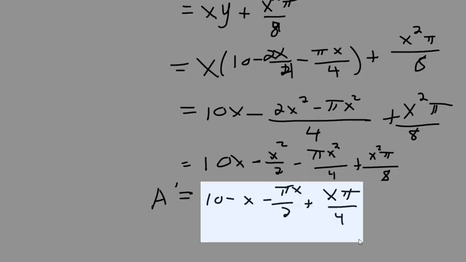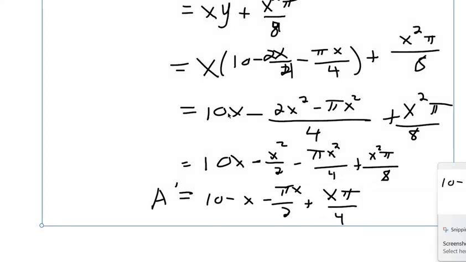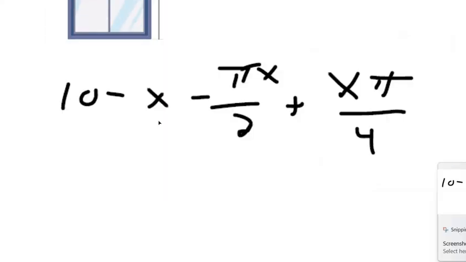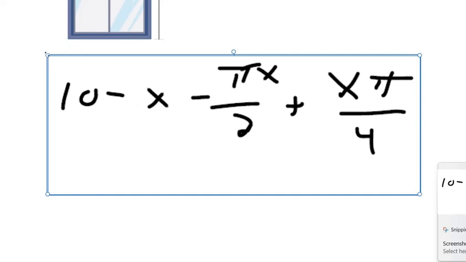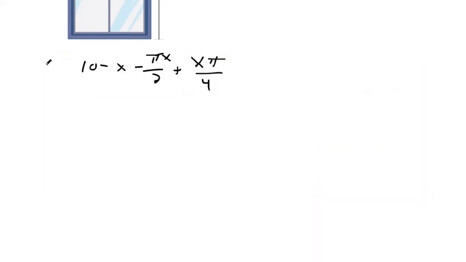Running out of whiteboard room though. So we're setting this equal to 0. To get x by itself now, we do need to have common denominators, so we can just have one term involving x. So this is 2x over 2. Actually, let's make them all have 4.